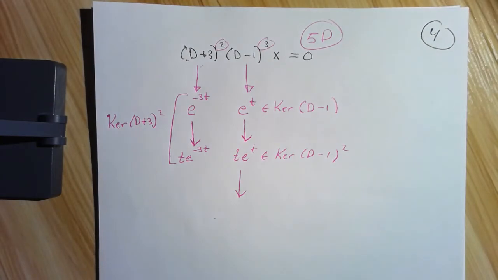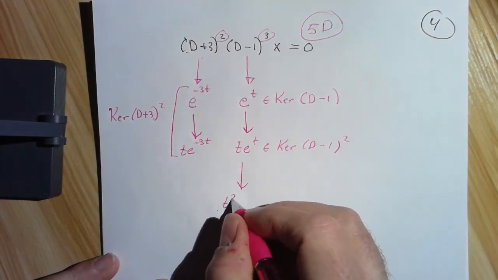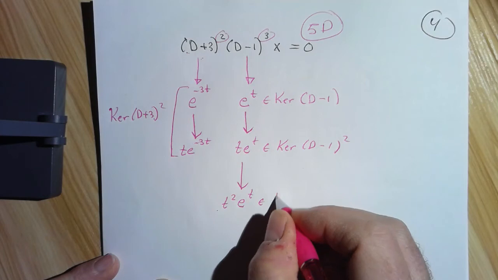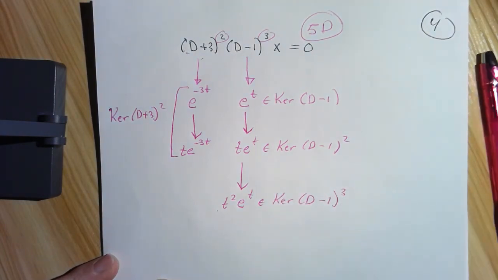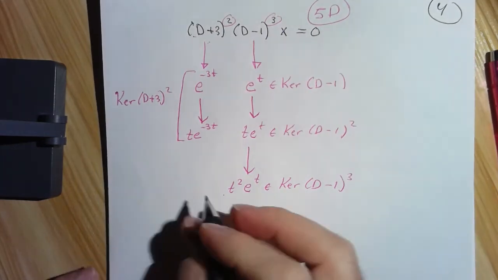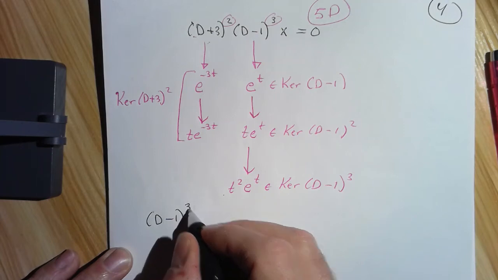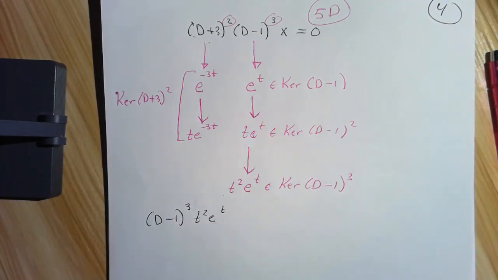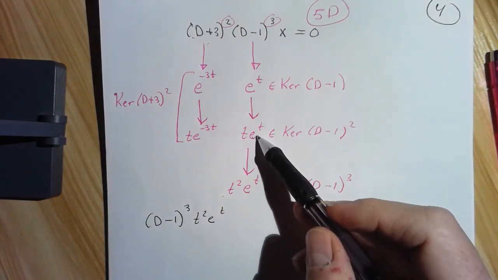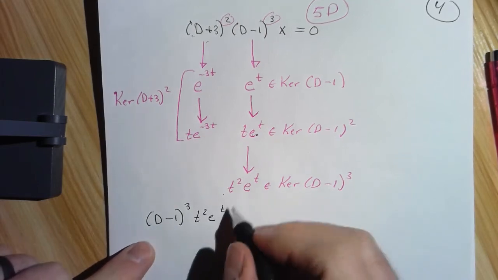I guess a bit of a pattern here, right? You might guess t squared, and that would be a good guess. And we'll try it to make sure it works. So let's try that out. If I have d minus 1 cubed, now I don't have to try out these, because I know this is going to be in the kernel down here, because think about what this means.